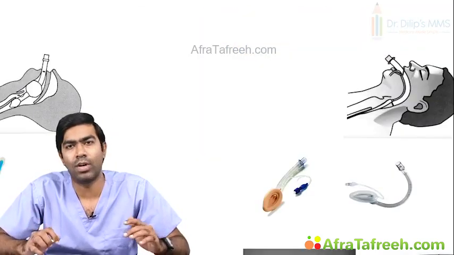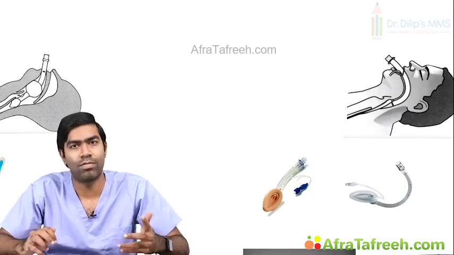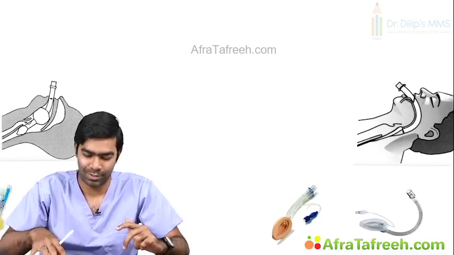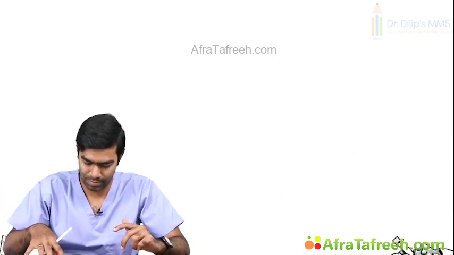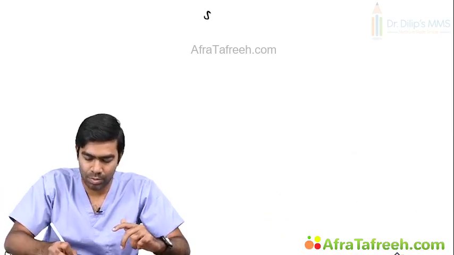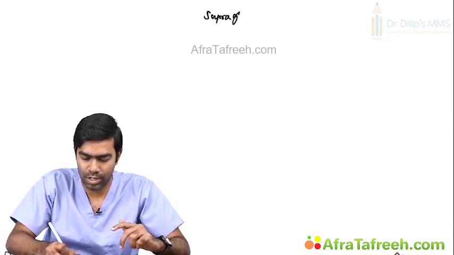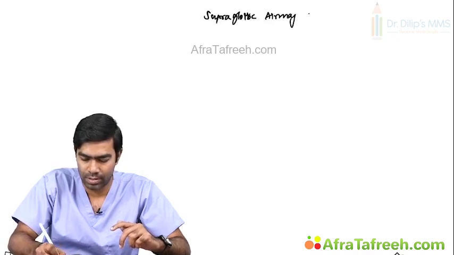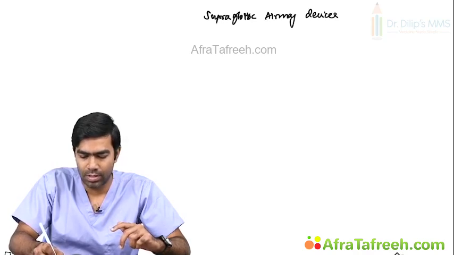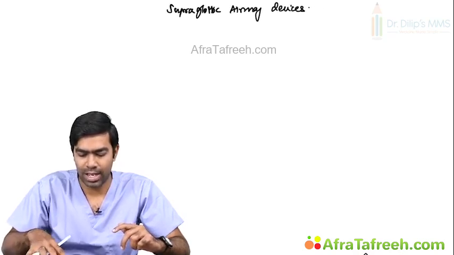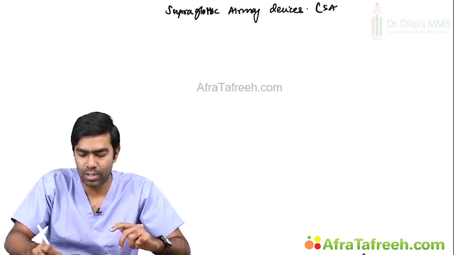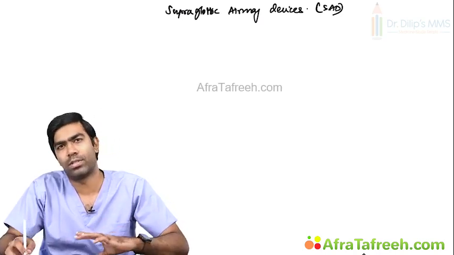Okay. Now let us move on to the world of supraglottic airways. This is a huge area, supraglottic airway devices. Supraglottic airway devices, as I already told you, are divided into two types.